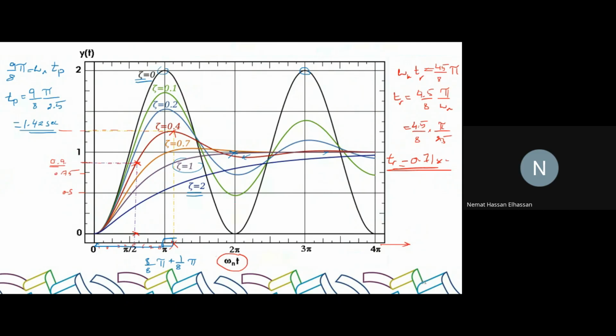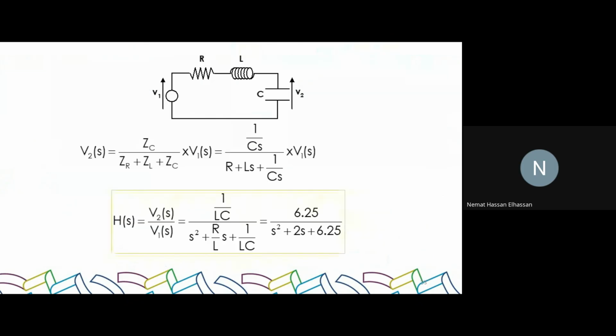So just to highlight what we've covered today, we looked at second order systems. We established that a second order system will have a second order overall impedance, and it will also have a second order characteristic equation, which is the equation in the denominator of the transfer function.